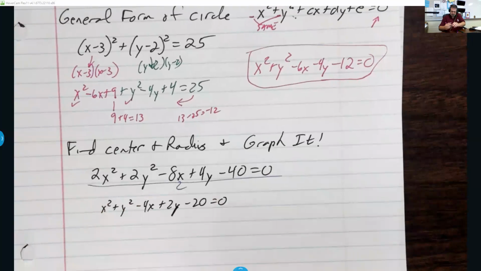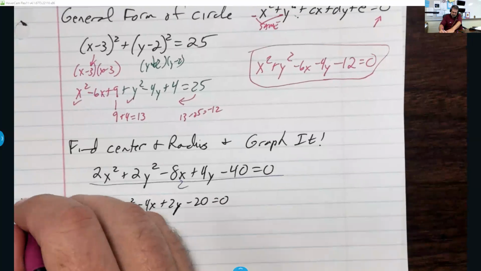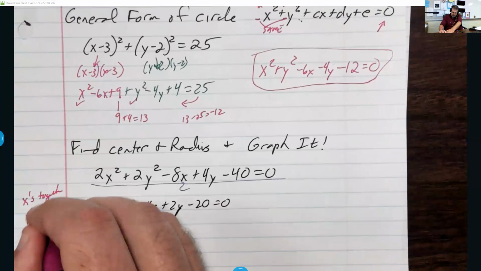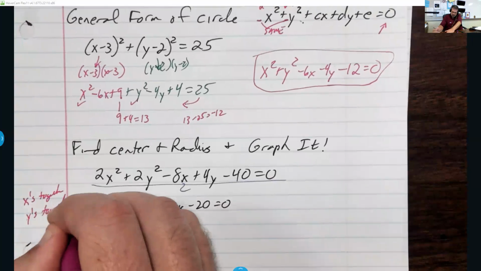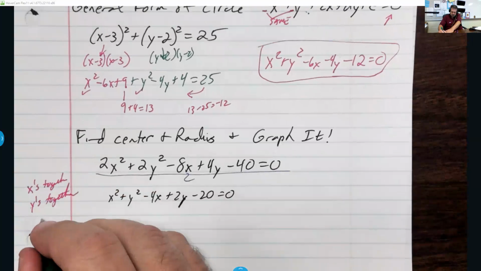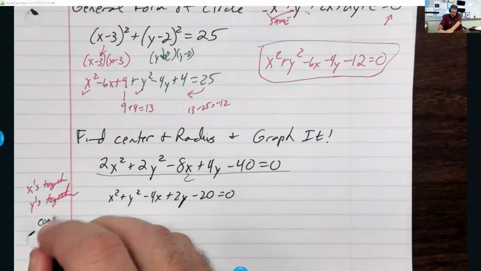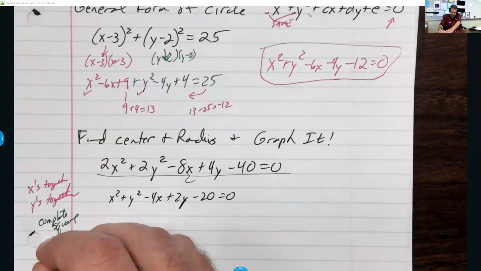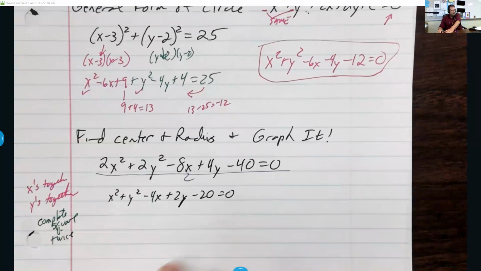Now, what we're going to do next is get the x's together and get the y's together. Okay? But the key is we're going to complete the square twice. All right?